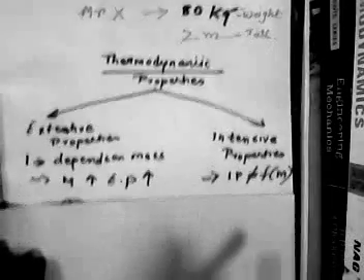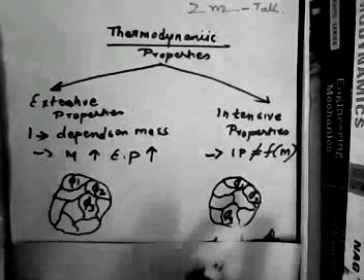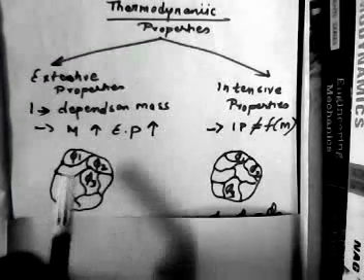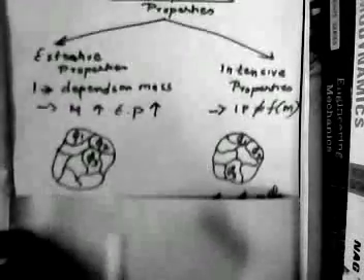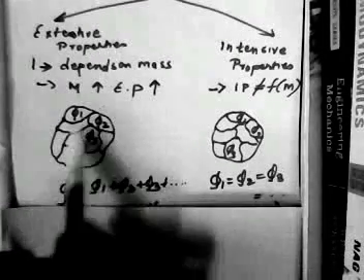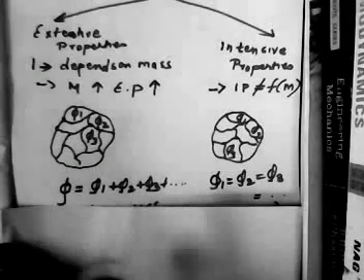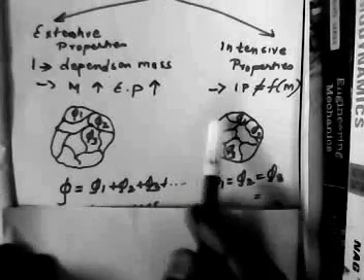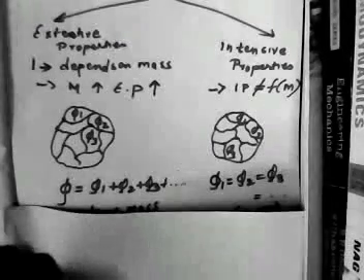Or I can give you a more elaborate example of the concept of an extensive property. If you consider a system like this, divided into several regions, and the property phi in each region is phi 1, phi 2, phi 3, and so on. If the overall property of the whole system is the summation of all the individual properties, then it is an extensive property of that system. Same thing for the intensive property. The system is divided into several regions, and the property phi in each region is phi 1, phi 2, phi 3, and so on.